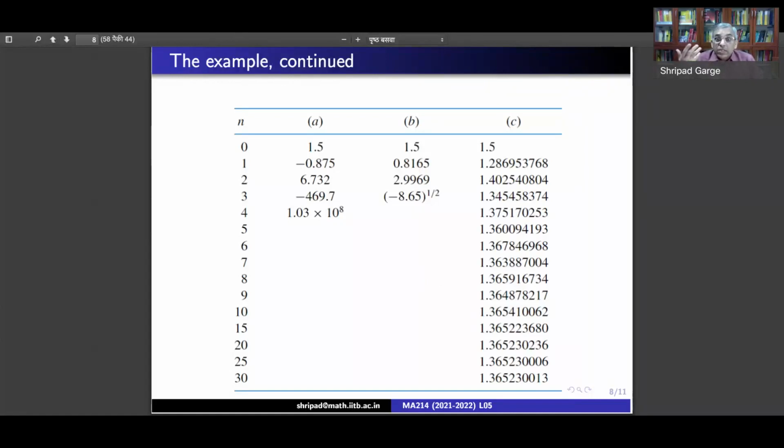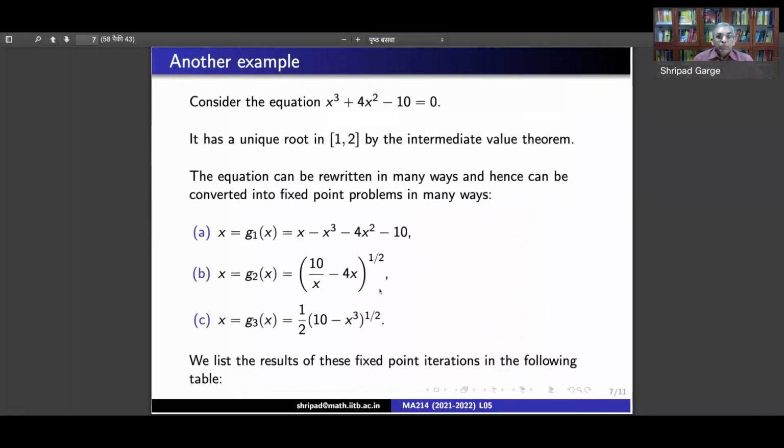And after that it has gone outside the realm of real numbers. You are getting the square root of a negative number, which is a complex number. So we have gone outside the set of real numbers. Okay, so these two fixed point methods have failed very badly. And now we look at the third one, which is 1 by 2 times 10 minus x cube to the power 1 by 2.